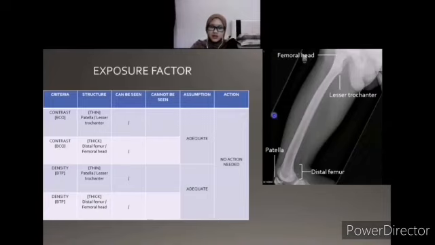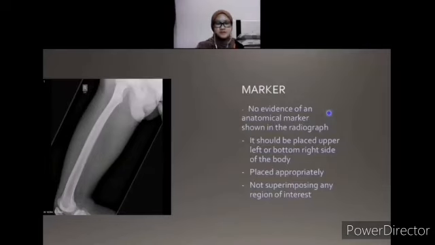And for the MAS, the MAS used is adequate because the bony trabecular pattern of the thin structure, which is the patella and the lesser trochanter, can be seen. And the bony trabecular pattern of the thick structure, which is the distal femur, and the femoral head can be seen. Therefore, there is no action needed to improve this.